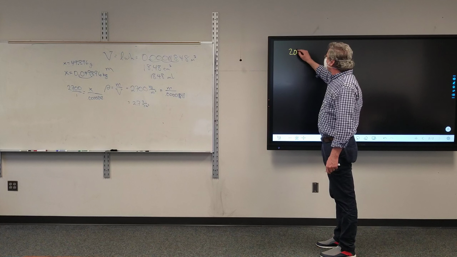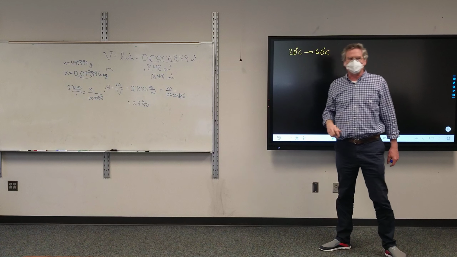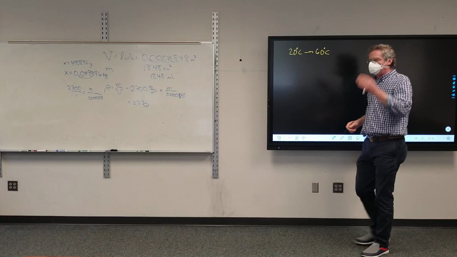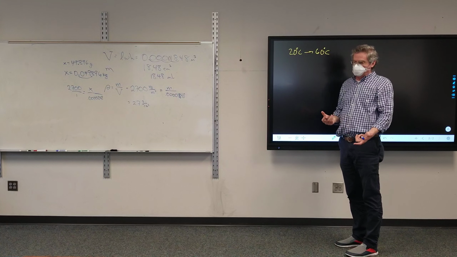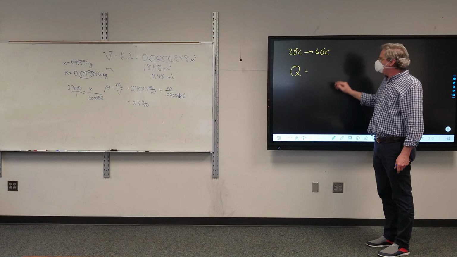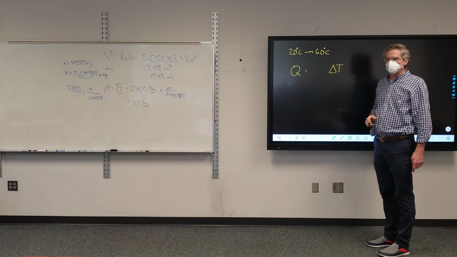I went from 20 degrees Celsius to 60 degrees Celsius. And we talked about already that you need to put energy into it, so there's going to be some relationship between the energy in and the change in temperature. And of course, there's a formula. The energy in will affect the change in temperature, so there's a relationship there.